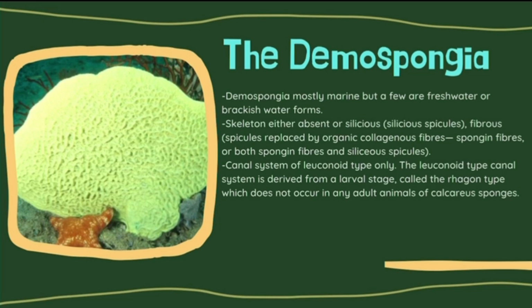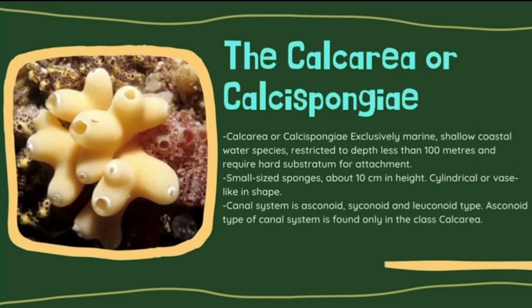So we look into the third class, the calcareous sponge, known as Calcarea or Calcispongia. Calcarea are exclusively marine, shallow coastal water species restricted to depths less than 100 meters and require a hard substratum for attachment, as you can see in the picture. It is a small sponge, about 10 cm in height, cylindrical or vase-like in shape.